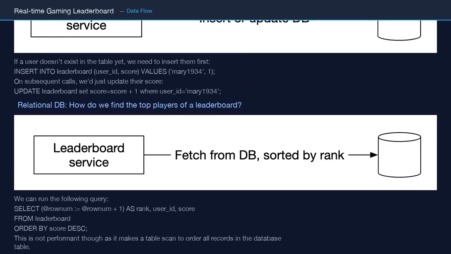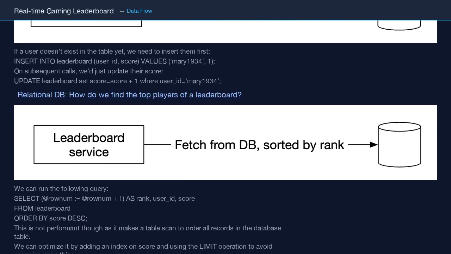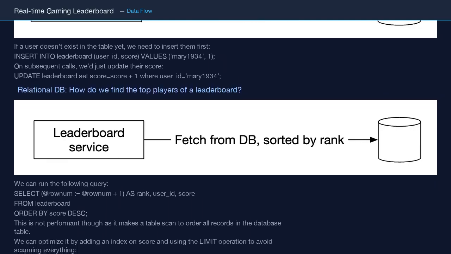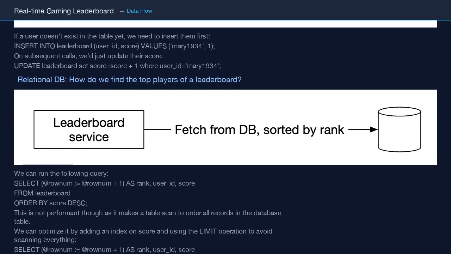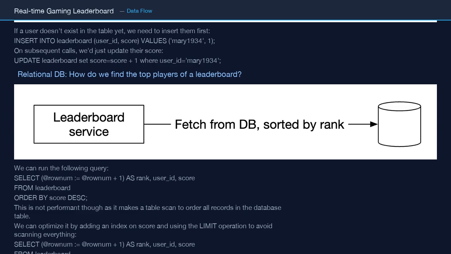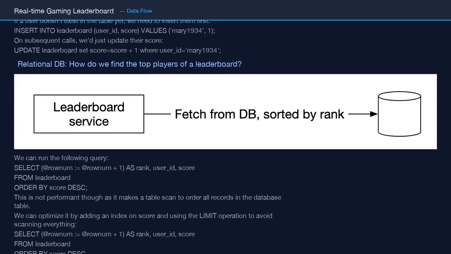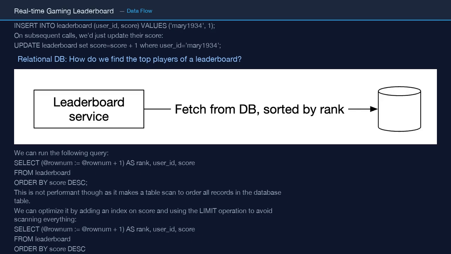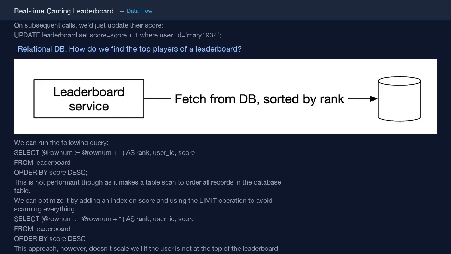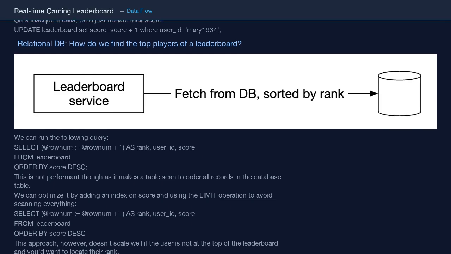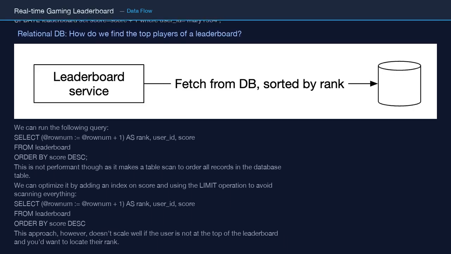We can improve it by adding an index on the score column and using a limit clause. SELECT (@rownum := @rownum + 1) AS rank, user_id, score FROM leaderboard ORDER BY score DESC LIMIT 10. This avoids scanning the entire table when you only need the top results. However, this approach breaks down when you need to locate a user who isn't near the top of the leaderboard. Finding an arbitrary rank still requires scanning through a large portion of the data, which won't perform well at scale.